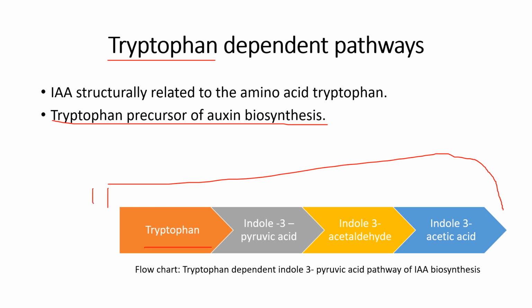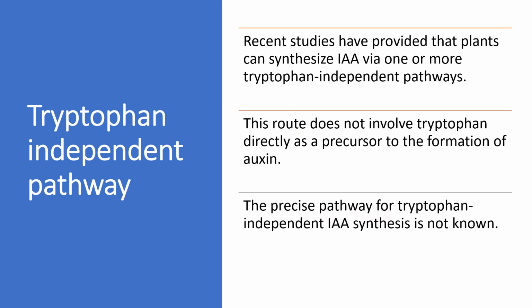So tryptophan leads to indole 3 acetic acid formation. Next we will talk about the tryptophan independent pathway. Many recent genetic studies have provided evidence that plants can synthesize IAA, that is indole 3 acetic acid, via one or more tryptophan independent pathways.